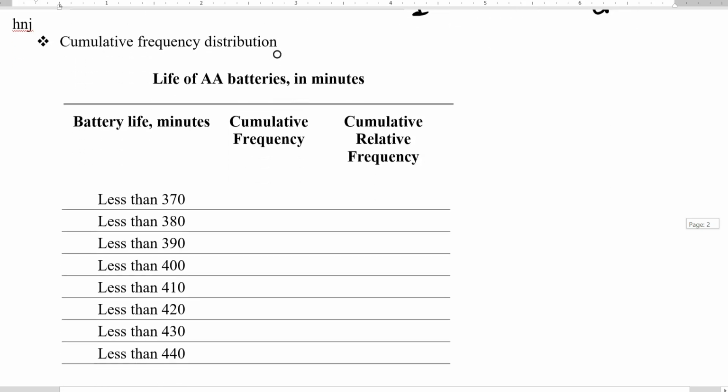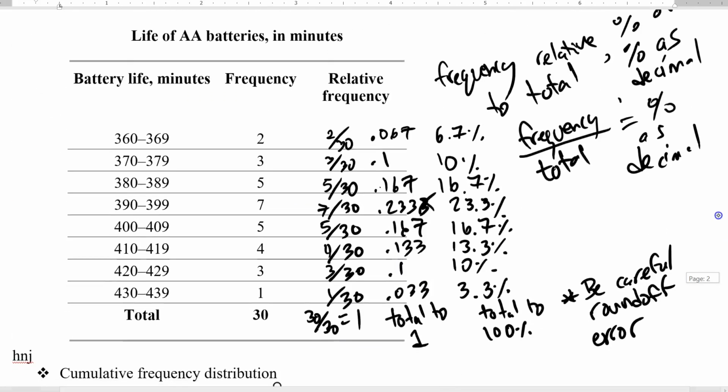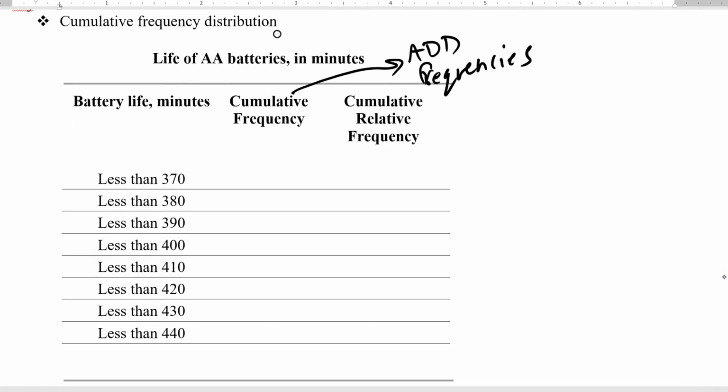Cumulative frequency is where we accumulate, so we add the frequencies. Okay, so for my first frequency, it was 2. So the cumulative frequency, if we add up to this point, would be 2. Well, the next one had a frequency of 3.